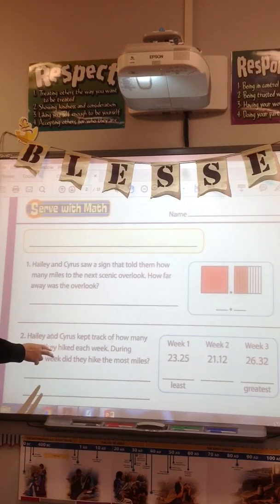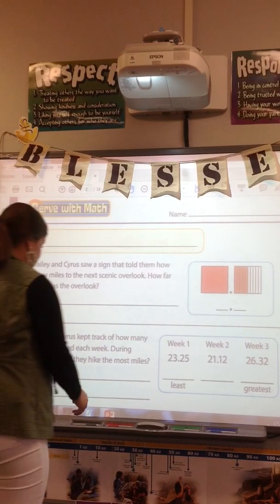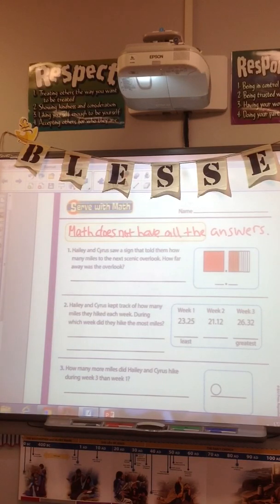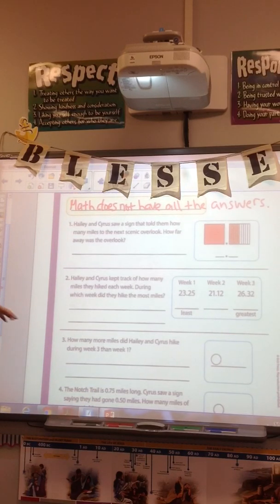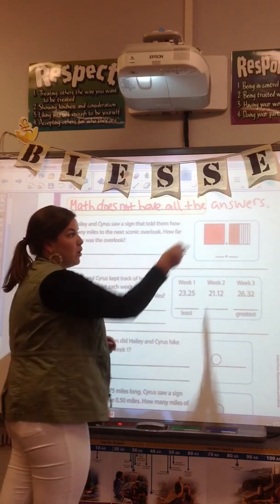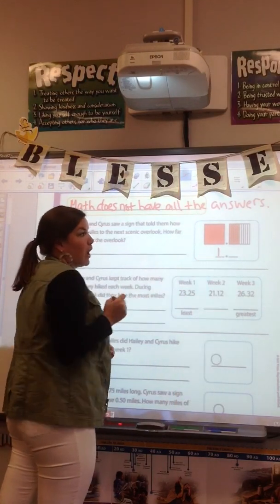Okay, so, wait a minute, that's not right. Here we go. At the top, math does not have all the answers. That's our biblical worldview. Number 1, Haley and Cyrus saw a sign that told them how many miles to the next scenic overlook. How far away was the overlook? How many wholes do we have? 1.